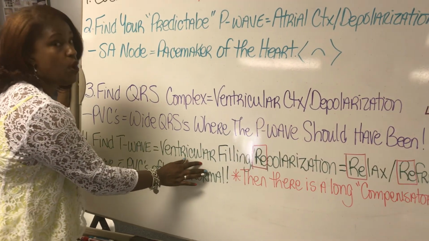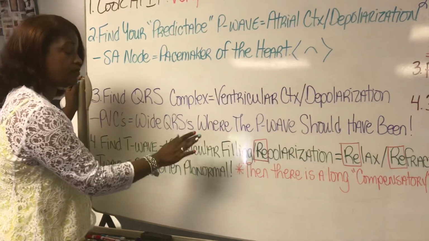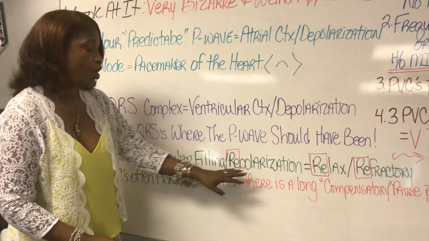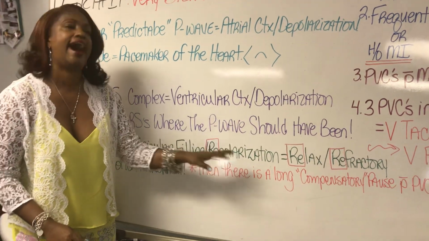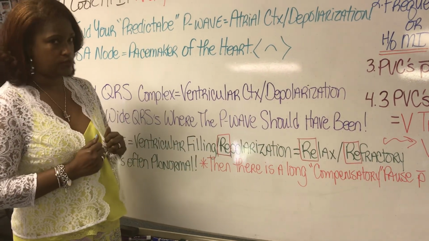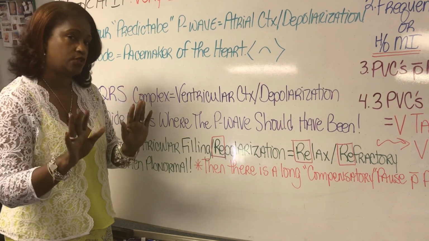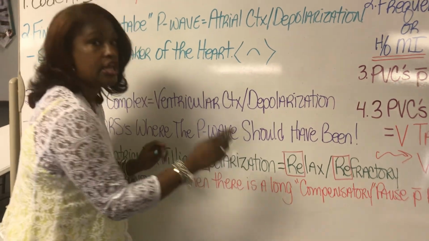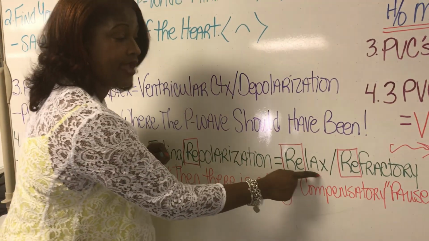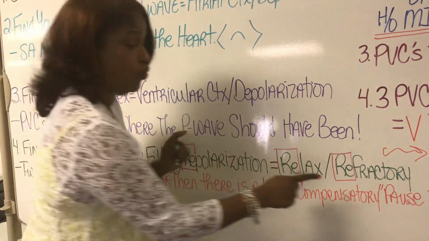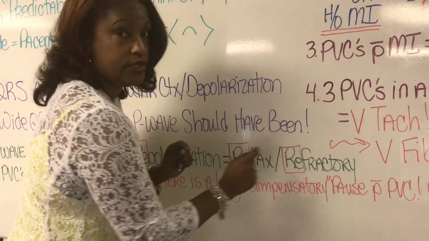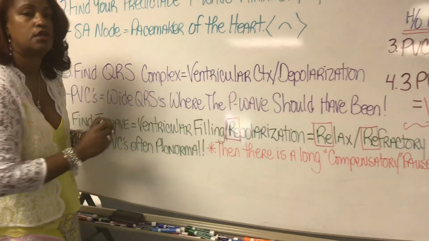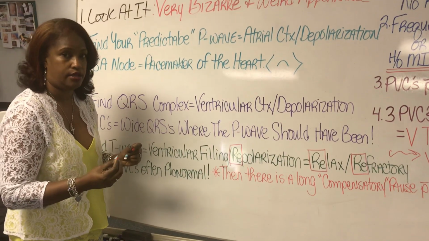The T wave is supposed to be ventricular filling or repolarization. Now I know I'm boring you today with this depolarization, repolarization stuff, but I got a trick. Repolarization is relaxation, called the refractory stage. This is when the ventricle is filling up with blood.